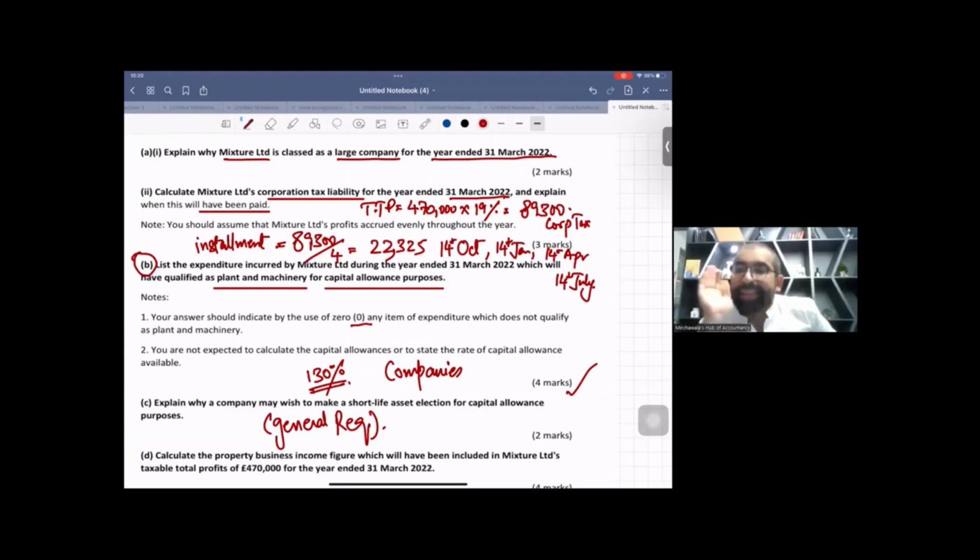If you are eligible for 130% on main pool, and short life asset belongs to the main pool family, then just use a matchbox or a lighter on the short life asset election. Why go for 18% if you are getting 130% now?